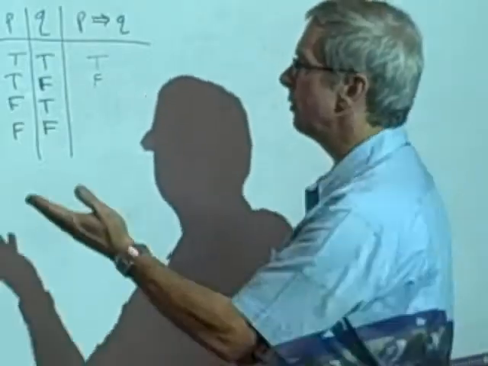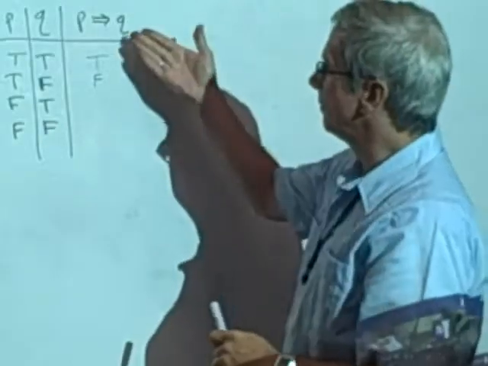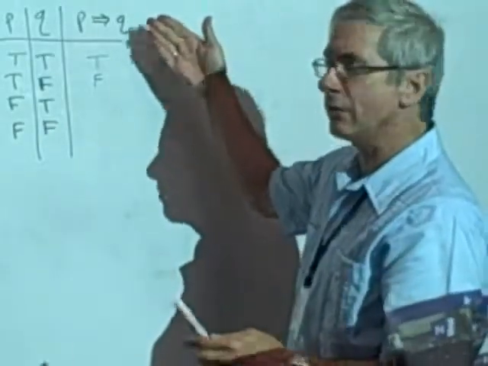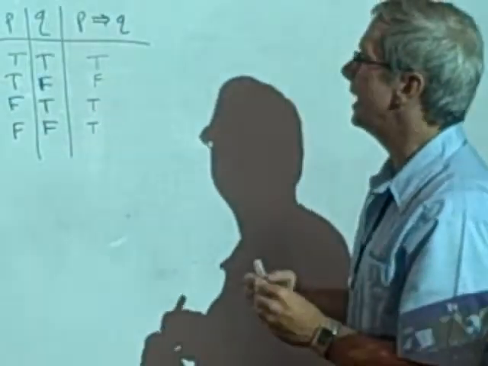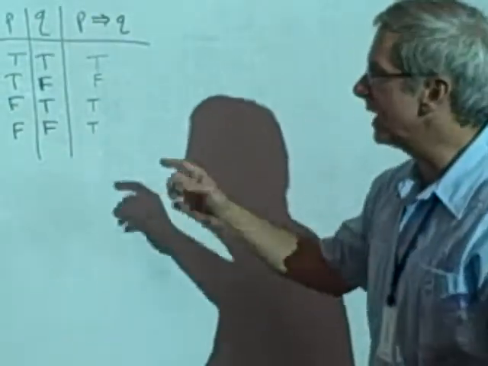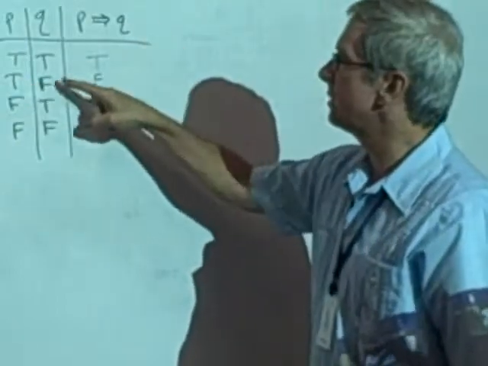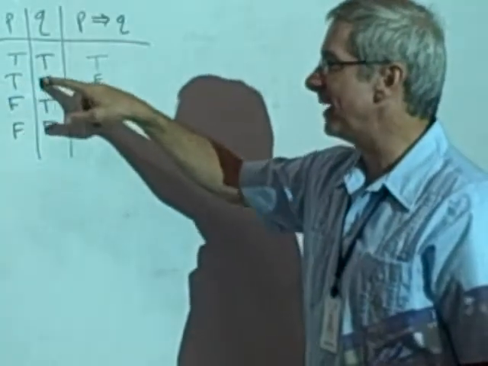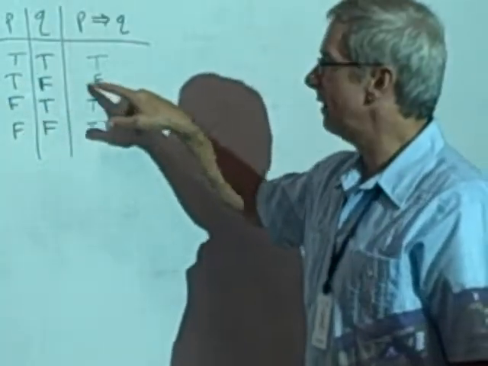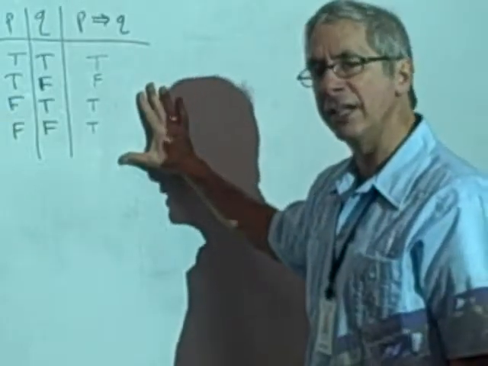If you don't clean your room, you might go to the movies, or you might not, but it doesn't make him a liar either way. So in fact, what we say is those get truths in the implication. The only way it can be false is if the antecedent is true and the consequent is false. If I say P implies Q, I have P and then Q doesn't have a truth, then the implication is false. So it takes a little getting used to.